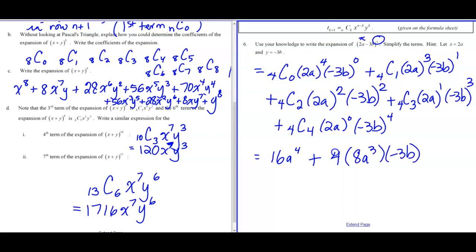Okay, so 4C1 is 4, (2a) cubed. I figure out what that is. Just copy it out. If you can do it and simplify everything at once, go for it. I'm just doing it in a couple of steps. 2 times 3 is 6.